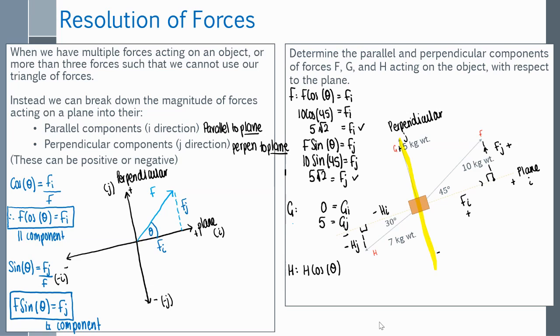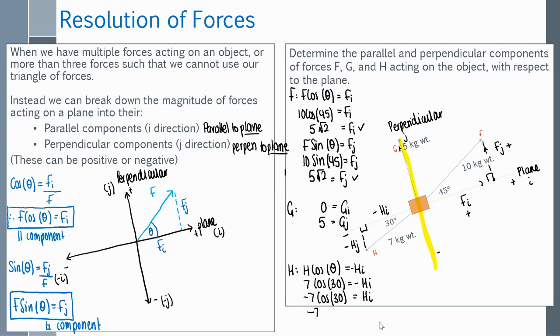So Hi is equal to minus 7 cos 30, and cos 30 is root 3 on 2.